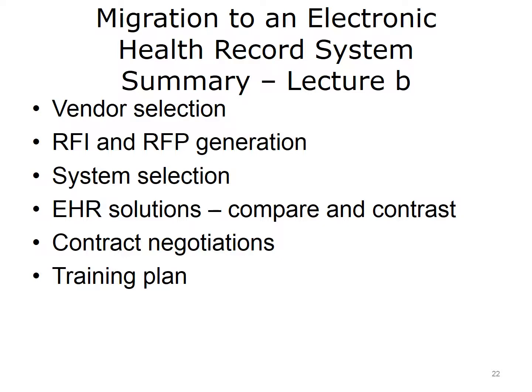In summary, this lecture examined developing and applying criteria for selecting an appropriate vendor for an EHR system, including generating an RFI and RFP, selecting an appropriate system, comparing and contrasting EHR solutions, and negotiating a contract and developing a training plan.